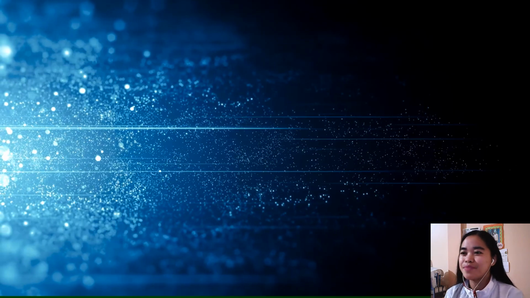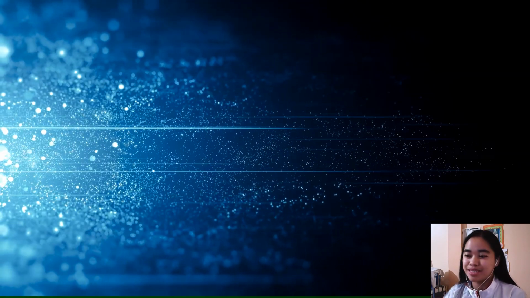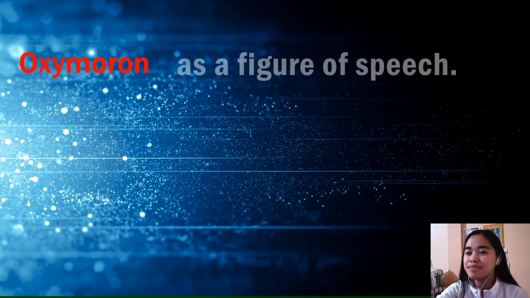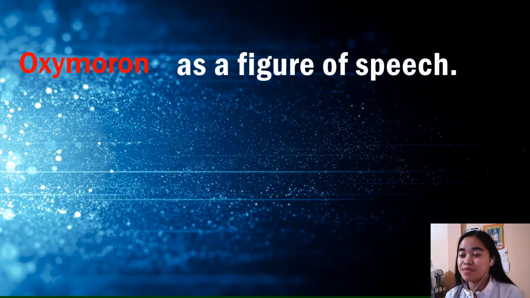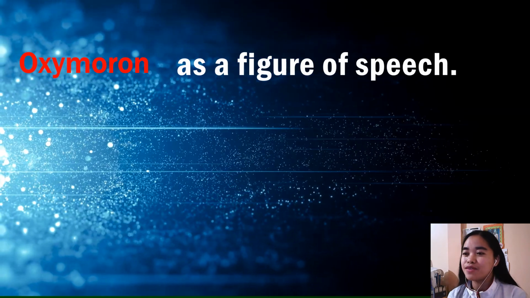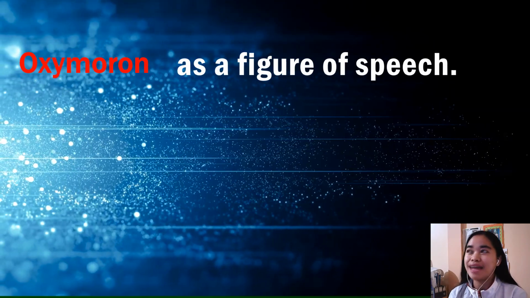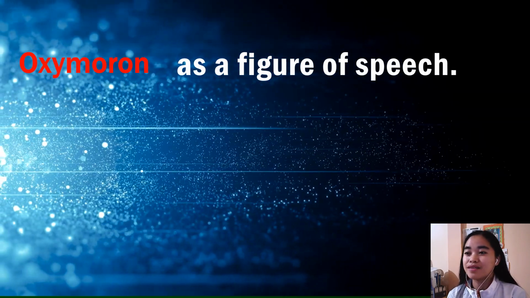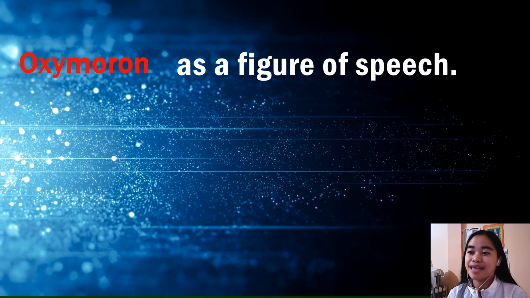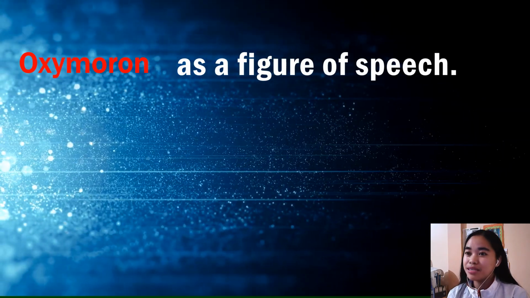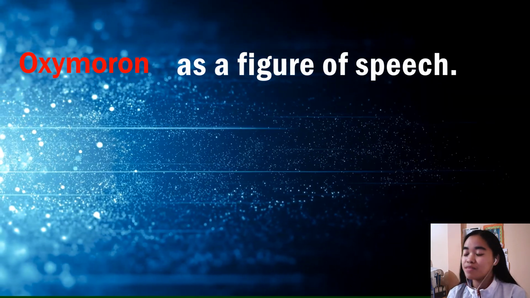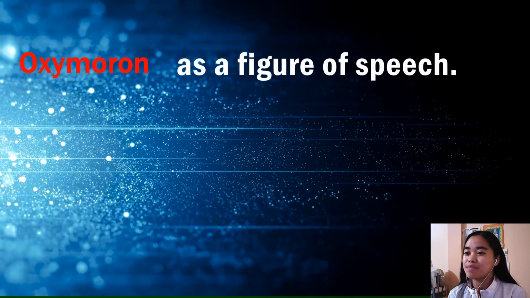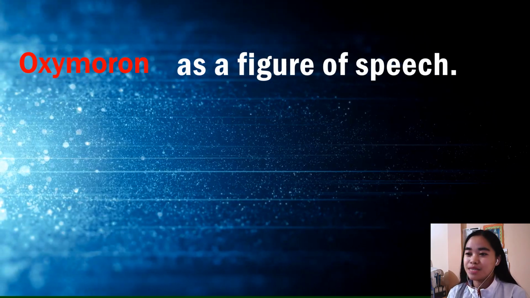Okay, I'd like to emphasize one more very important feature of oxymoron. We have here oxymoron as a figure of speech. When we say figure of speech, it is something that has a deeper meaning. We say oxymoron, they are contradicting words. It doesn't end there. Oxymoron is a figure of speech, which means these contradicting pairs have a deeper meaning.